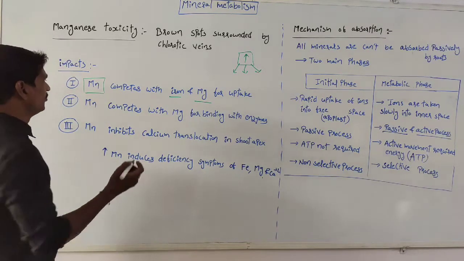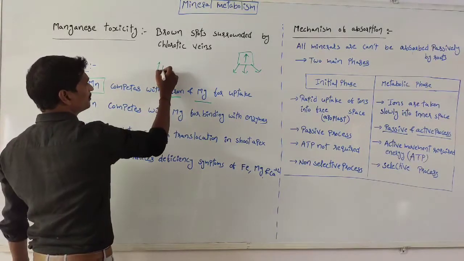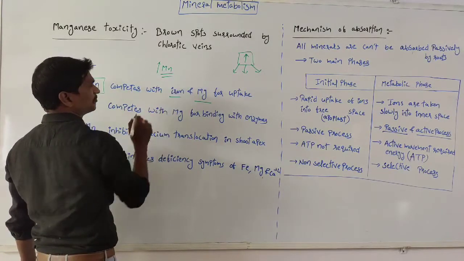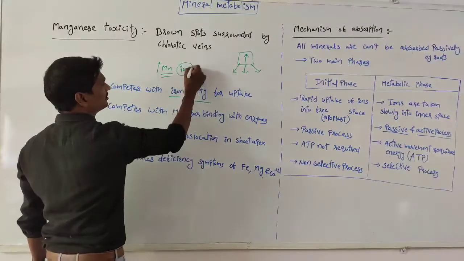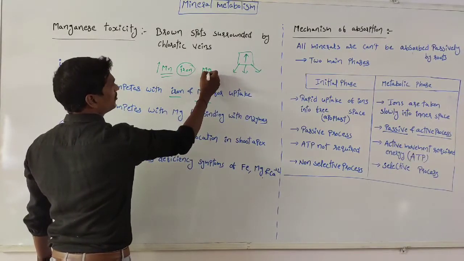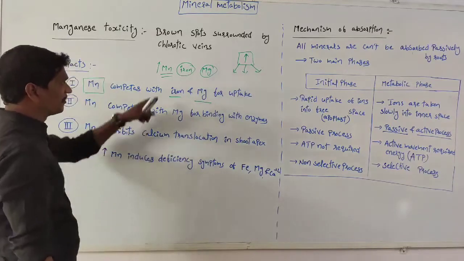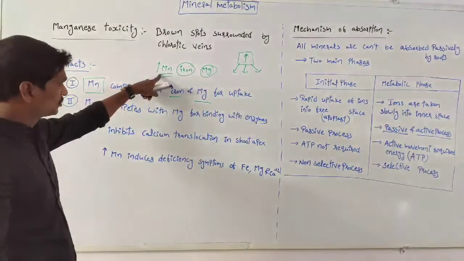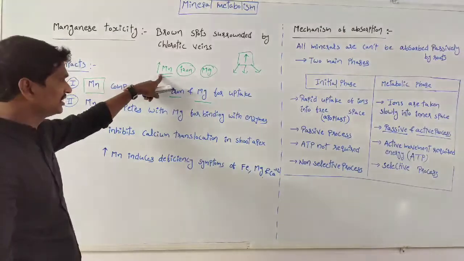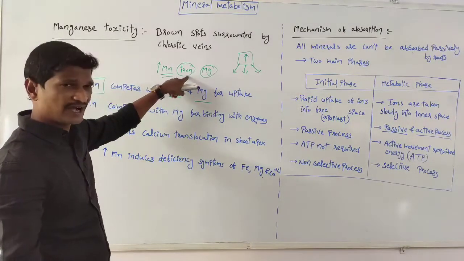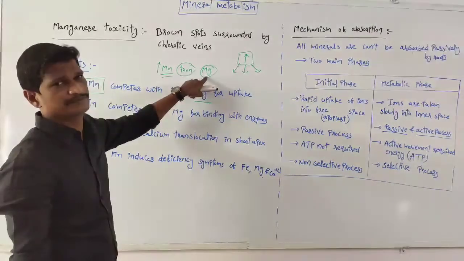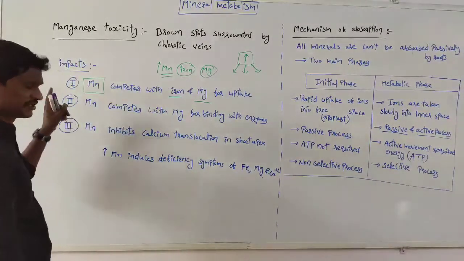That is, when more manganese is present in a plant, it inhibits the absorption of iron and inhibits the absorption of magnesium. If manganese is absorbed in high concentration in a plant, it inhibits the absorption of iron and magnesium. Right? That is the first impact.